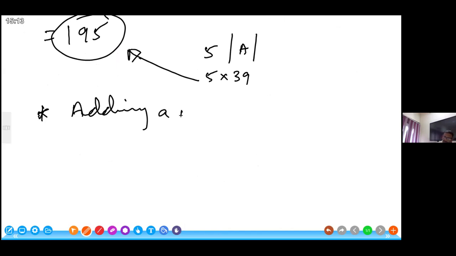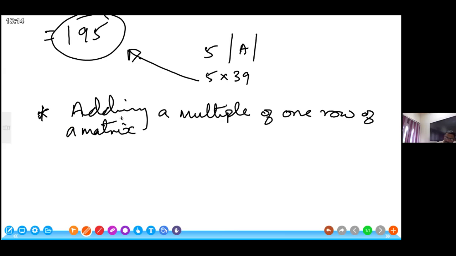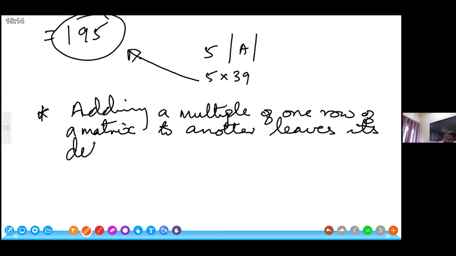Adding a multiple of one row of a matrix to another leaves its determinant unchanged.